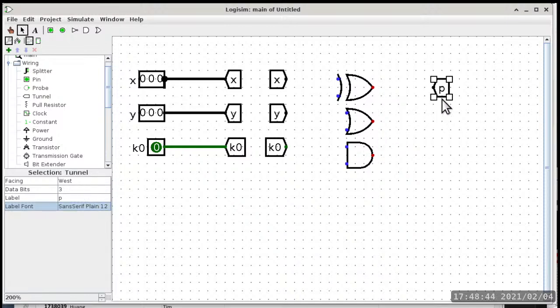Likewise, G is configured the same way. So we have G here, which is also a 3-bit tunnel. And then the last one is P, G, and Q. Let me duplicate this one more time, and this time this one is Q.